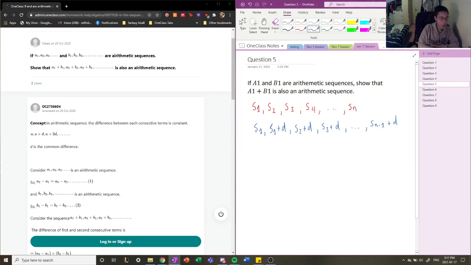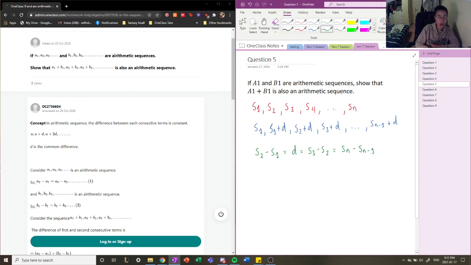Let's say that in an arithmetic sequence, the difference between the second term and the first term is D, but that's also equal to the difference between the third term and the second term, and further, to the difference between the nth term and the (n-1)th term. So all the differences between consecutive terms are going to equal the common difference.